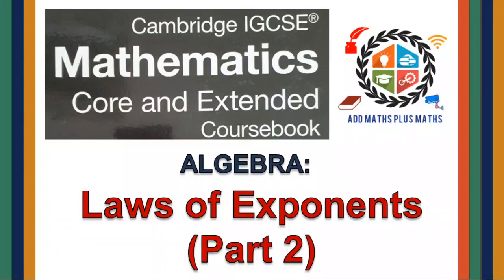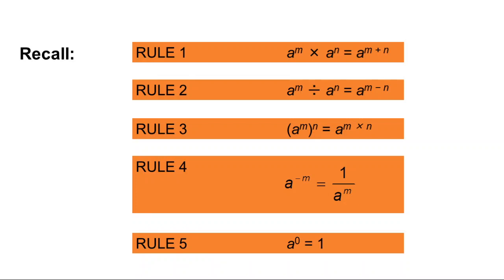Before we go to the next lessons about laws of exponents, let's try to recall what we have learned in part 1. Rule number 1: if I am multiplying two numbers with the same base, given the indices, we just add those indices or exponents.